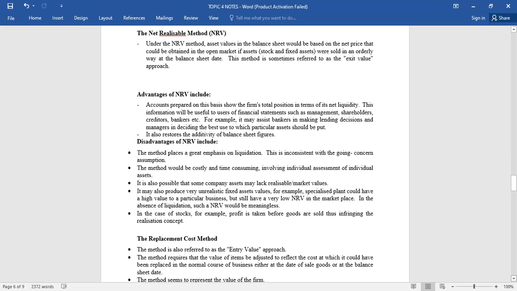Now, it may also produce very unrealistic fixed asset values. A good example is specialized plant that has a very high value to the farm that is operating in. For example, if you go to EABL, they have sophisticated machines that do the bottling of the beer. If you bring that machine outside, try to sell it, who will be interested?